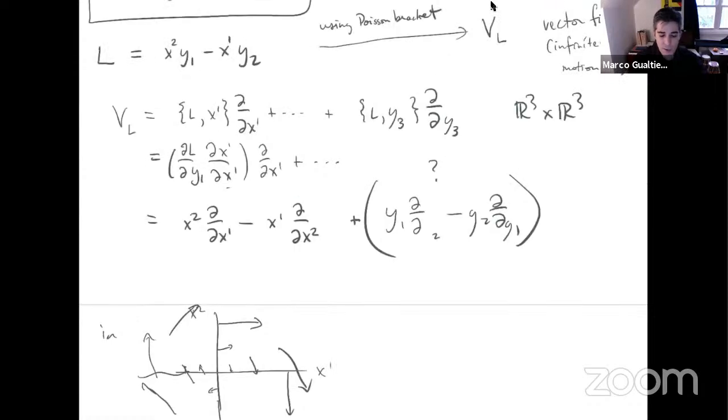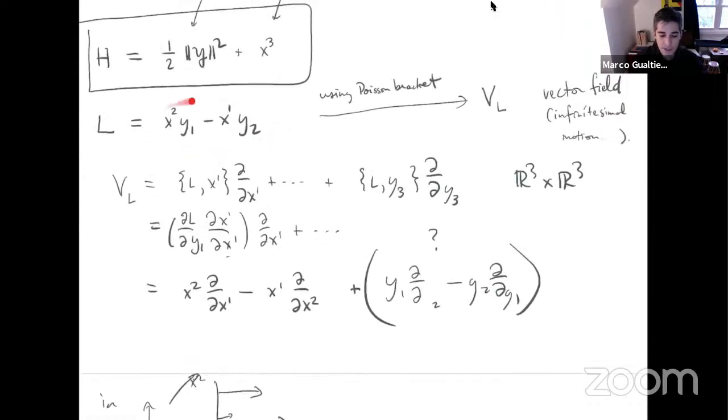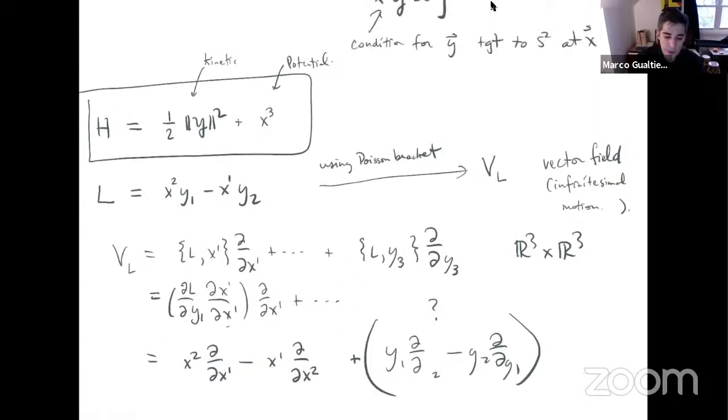So what this function is doing is generating rotations about the z-axis. That's what's special about this function. This generates rotation about the z-axis, or the x3 axis.